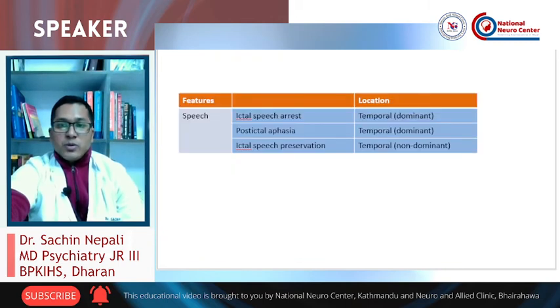In cases of the dominant temporal side, the features could be ictal speech arrest and post-ictal aphasia. And if there is ictal speech perseveration, then the lesion could be in the non-dominant temporal lobe side.